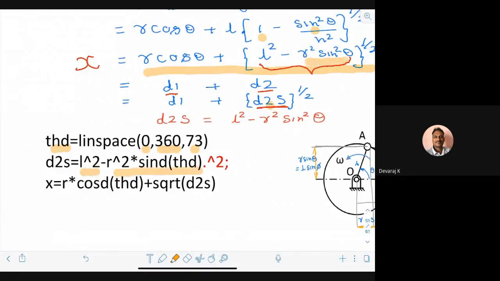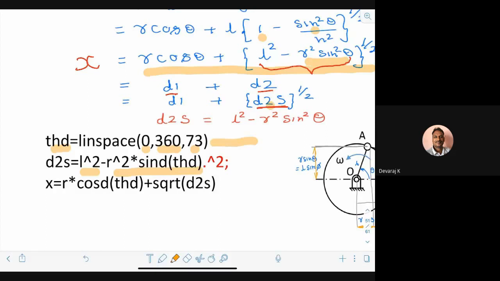You can do it in degrees or in radians; I have taken it in degrees here. But a more important thing is, when you calculate for every 5 degrees, at 0 degrees you calculate d2s, then again at 5 degrees, 10 degrees, you have to calculate d2s. That means it is element by element, and I need to find d2s.